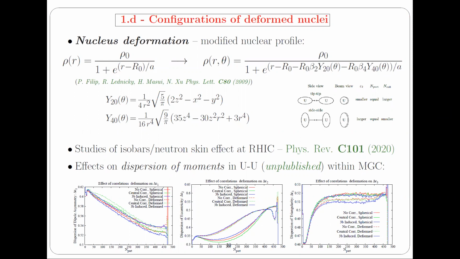Of course, deformations give a larger effect for all the quantities, but correlations also provide different results as a function of the number of participants.